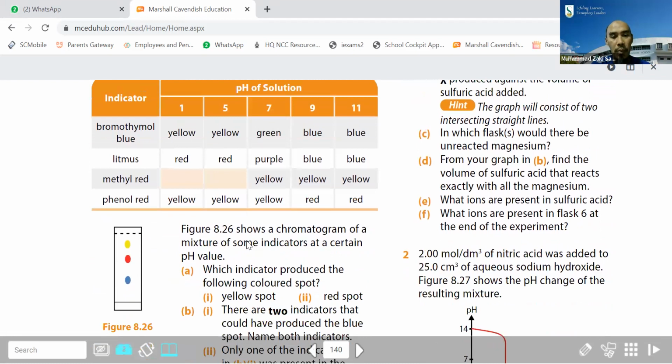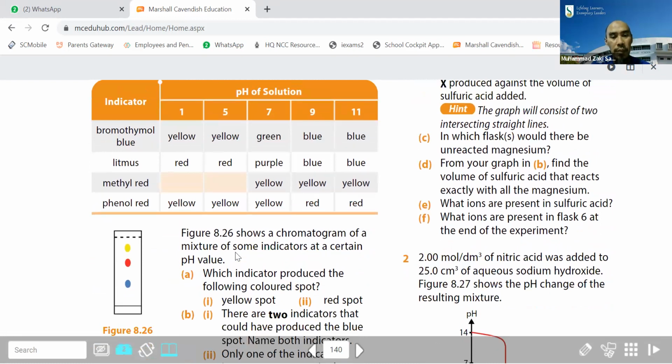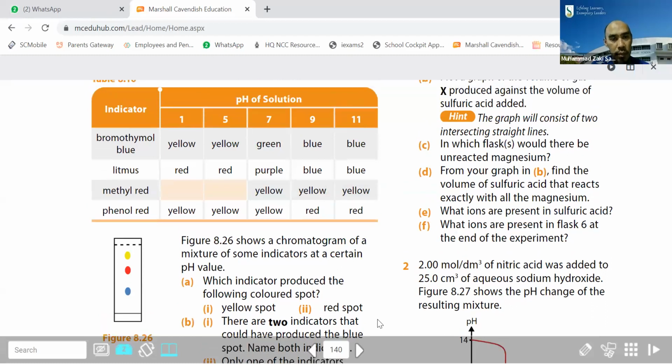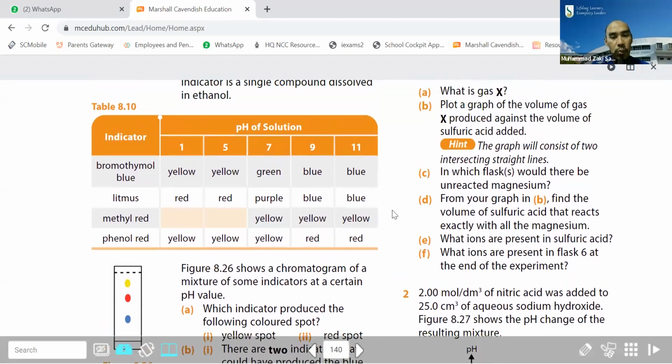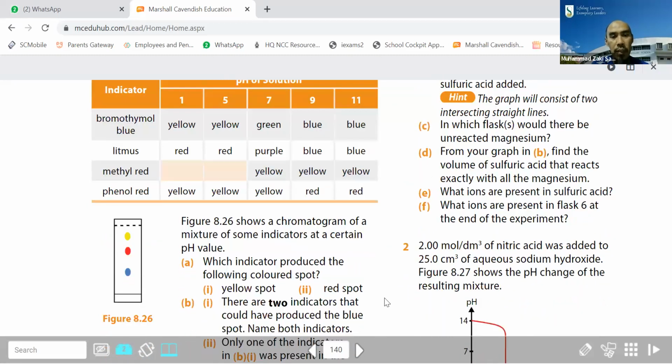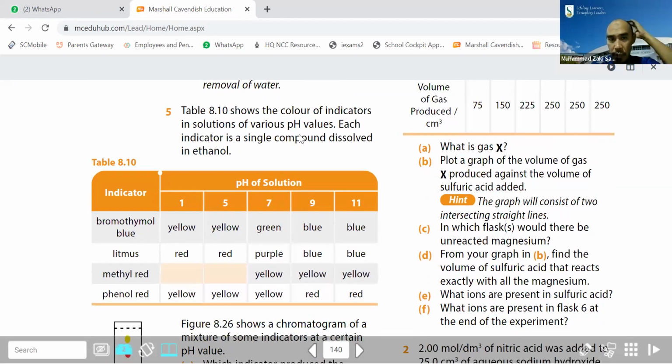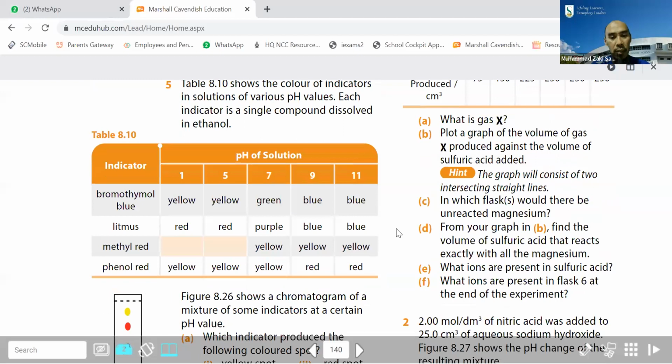Now, a chromatogram of a mixture of some indicators at a certain pH value. Which indicator produces the following spot? I need to read first. Table 8.1 shows the color of indicators at various pH. Each indicator is a single compound dissolved in ethanol.